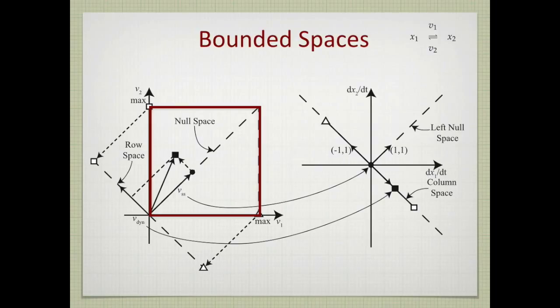And if you look at the solid square that is in the red box there, you can break it down into the part that's in the null space and the part that's in the row space. And as we talked about before, the row space has drivers for change in it. And what's going to happen here is that solid black square is going to move along that vector in the row space and into the solid circle where it will stop.